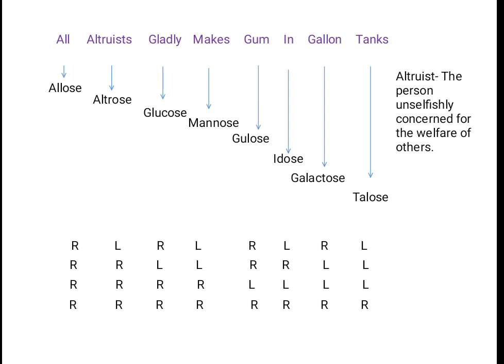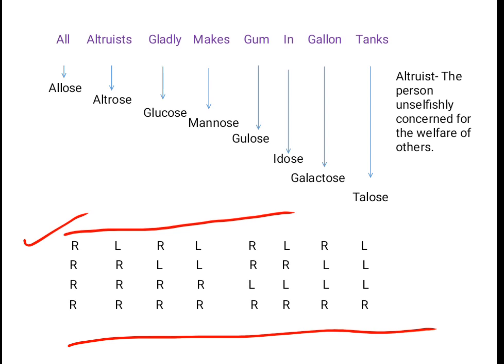And how to remember this formula? At first, draw this first line, RL, in this direction, just one after another, one after another. In case of the second line, alter the RL after 2: RRLL.